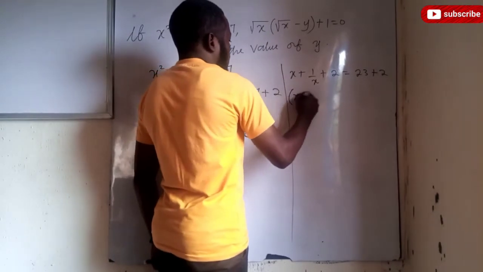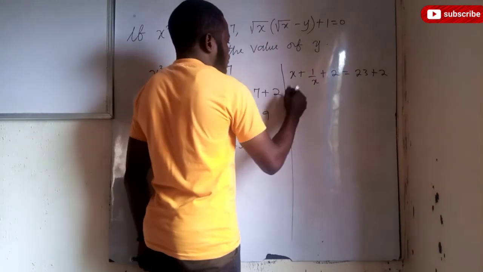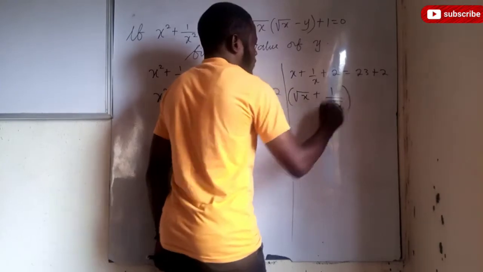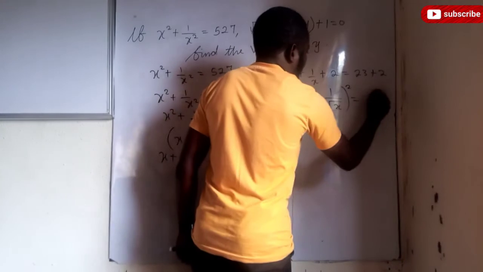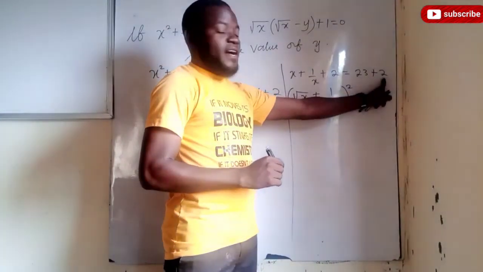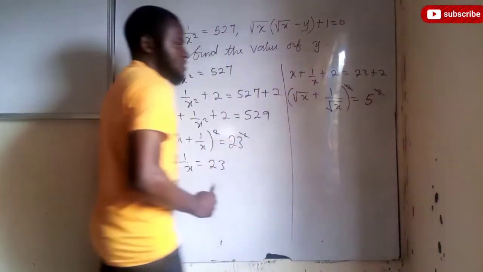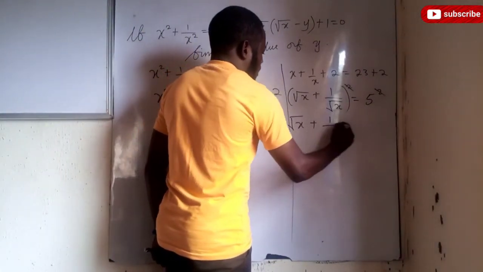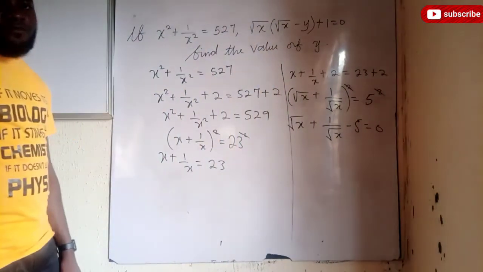If I make this a perfect square, this will become the square root of x plus 1 all over the square root of x all square equal 5 square rather. Yes, because 23 plus 2 is 25. Then 5 square is also 25. So these 2 and these 2 can cancel and I will have the square root of x plus 1 over the square root of x minus 5 equal to 0.